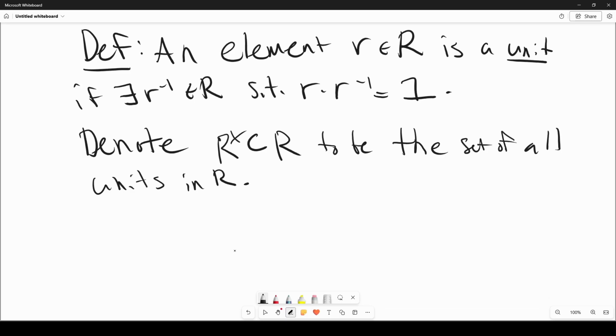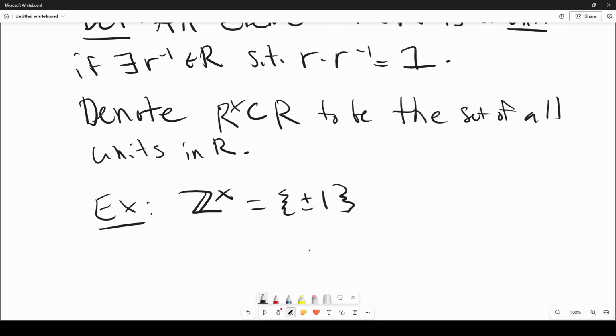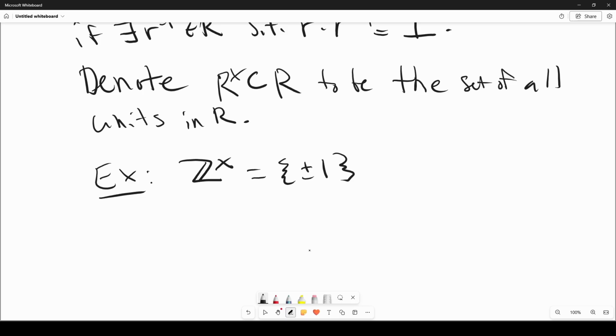Okay, so a basic example: if I'm looking at Z cross, so this is all units in the integers, this is going to be plus or minus 1. For example, the inverse of 1 is 1 and -1 is -1. And if I'm ever larger than 1 in magnitude, there's not an inverse.